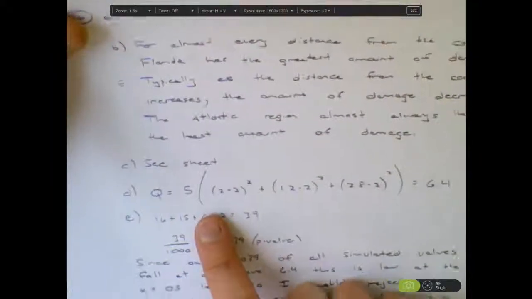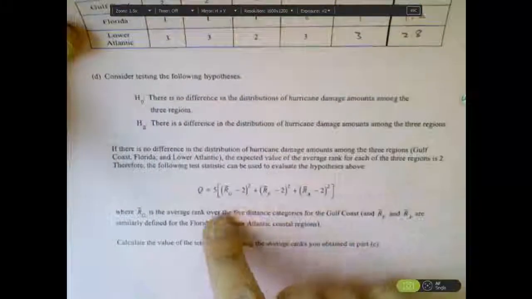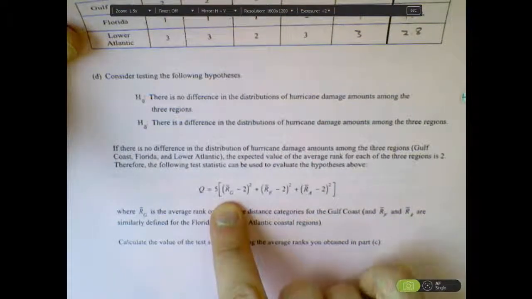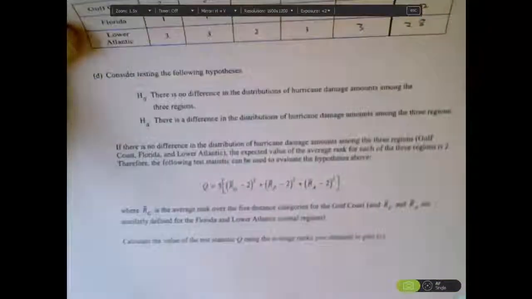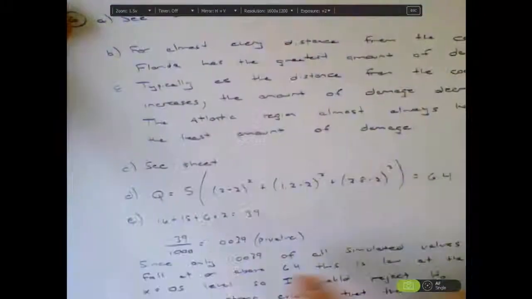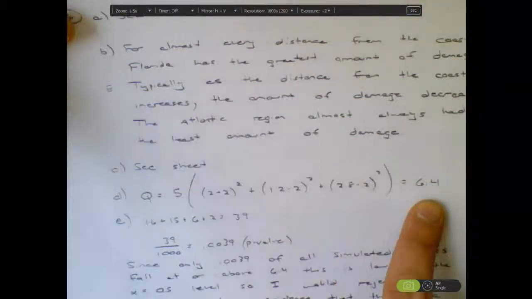For D, they ask you to calculate a test statistic, and it's pretty straightforward what they want you to do. I need the mean for the Gulf Coast, the mean for Florida, and the mean for Lower Atlantic. So I'm just going to substitute into that formula using my answers from C, do a calculation, and get 6.4.